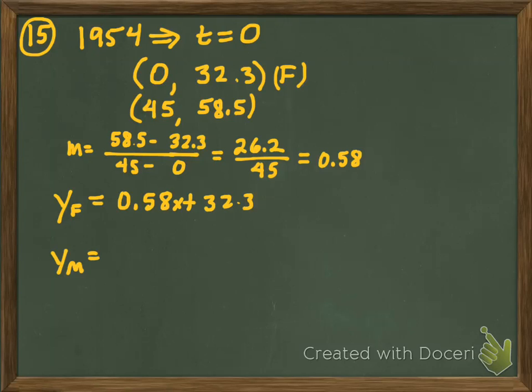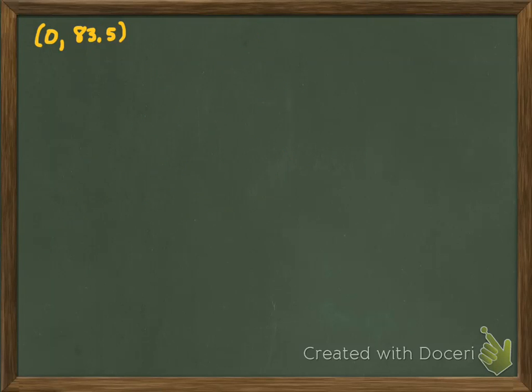Yeah, we could put an X there, because that's our T. X and T are kind of interchangeable there. And then the other point was 45, and my males at that point is 74.0, and I'm just going to leave that 74 because that's all that is, right?